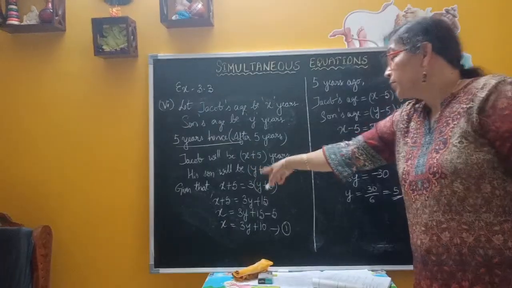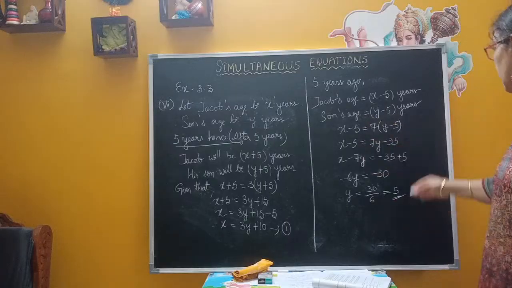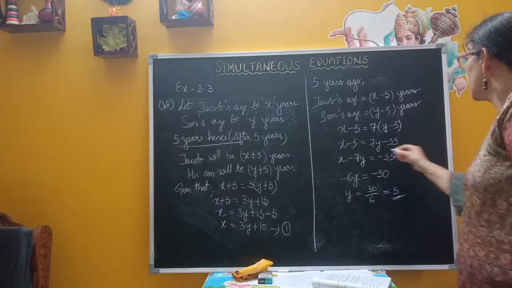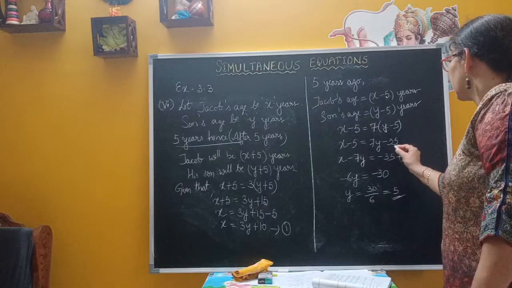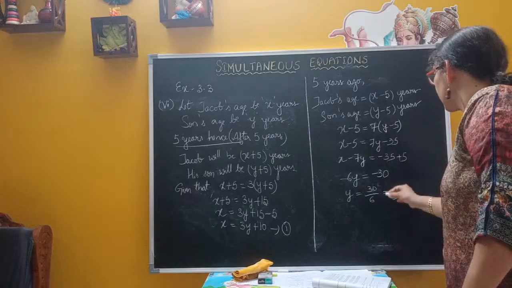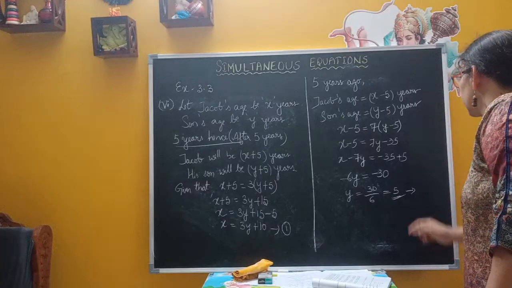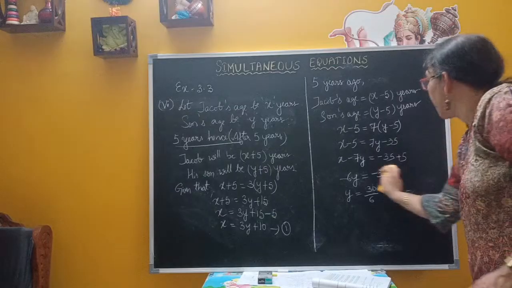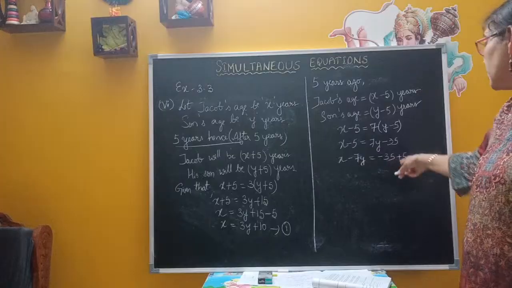First you substitute this y value in any of these equations, either in 1 or in 2. This is equation 2. x minus 5 is equal to this one. So x minus 7y is equal to minus 35 plus 5.